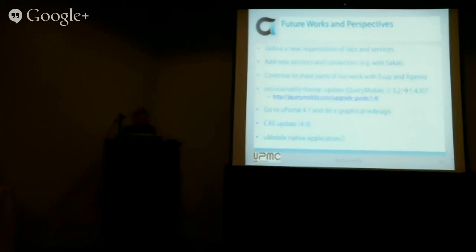Today we don't know when we will go to uPortal 4.1, because we must do a graphical redesign with this new version, and we will update CAS and maybe study a mobile native application. So, do you have any questions?